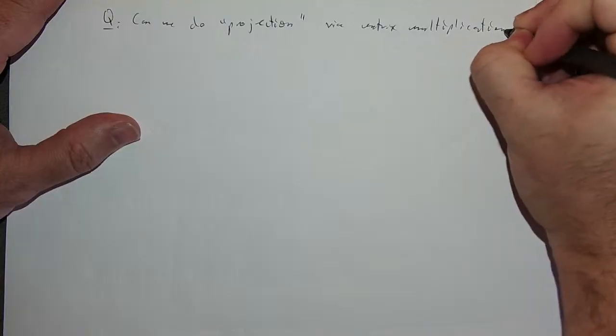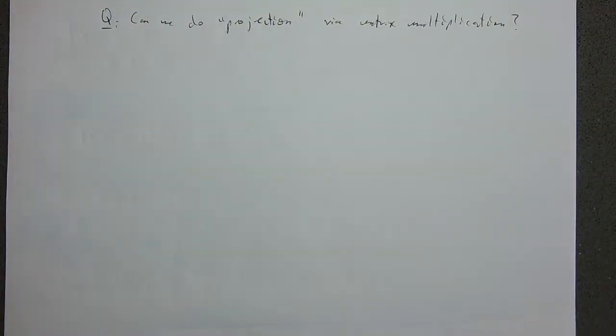Because ultimately, go back to the first video, a couple lectures ago, our first goal that we stated was we wanted to be able to do all these operations: translations, rotations, and projection, with matrix multiplication. So we've seen how to fix this so that the translations and rotations are workable with matrix multiplication. Can projection be done with matrix multiplication?